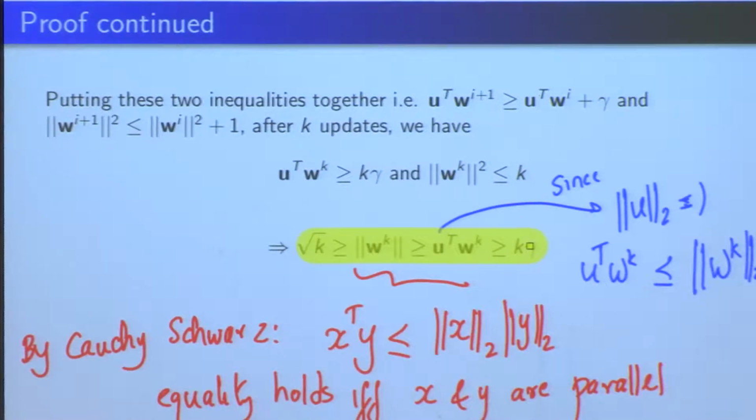Okay, so you know that root K is greater than or equal to K gamma, which implies that K is less than or equal to 1 upon gamma square. So was that similar to your line of reasoning?